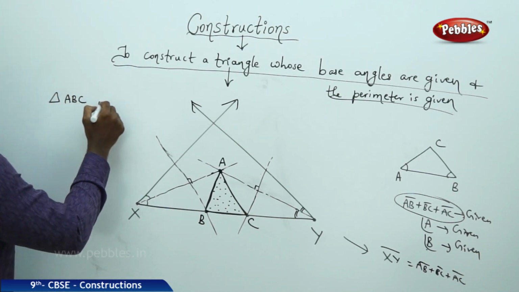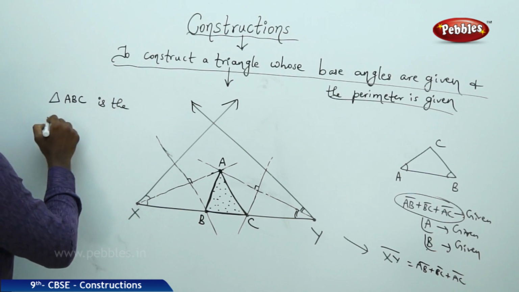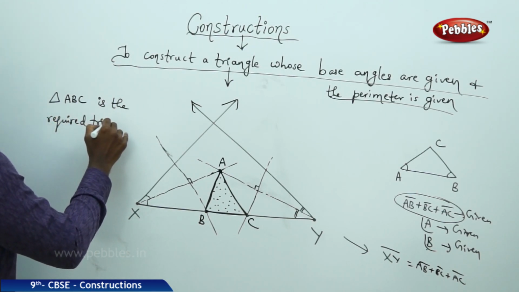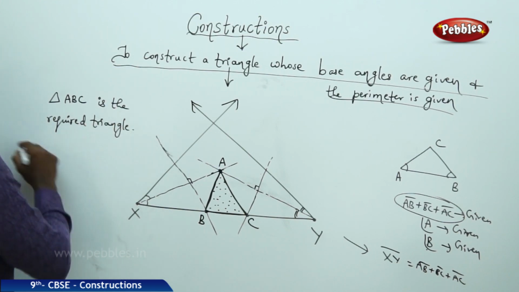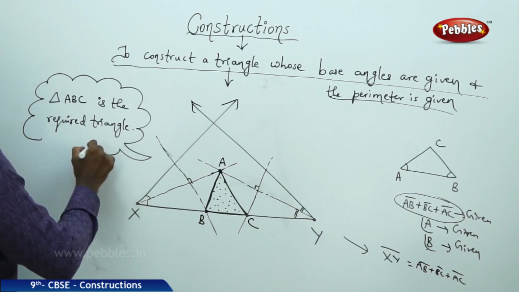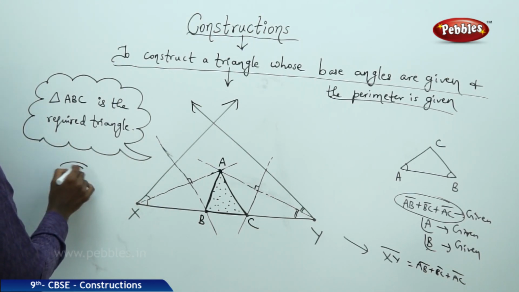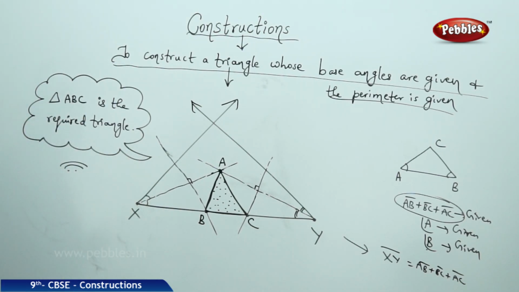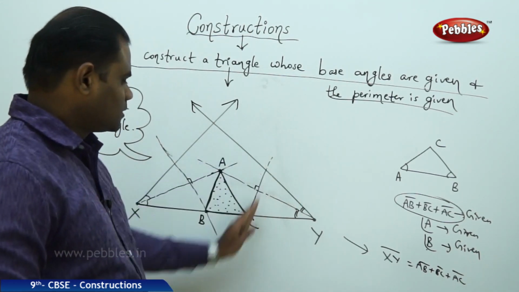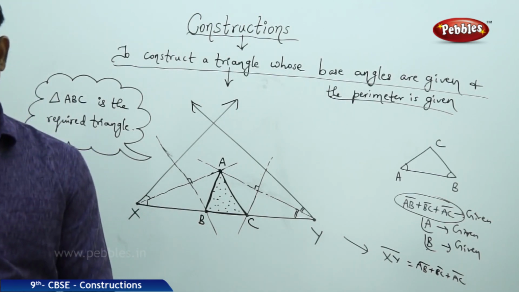Triangle ABC is the required triangle. Is how we construct using the angular bisectors and the perpendicular bisectors.